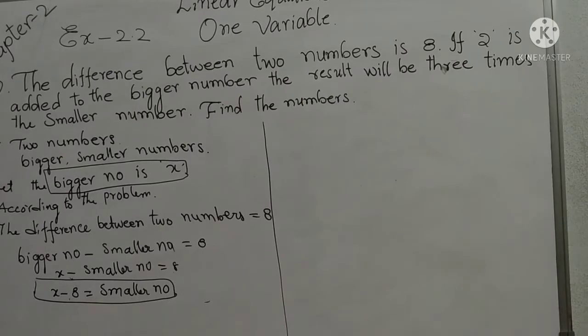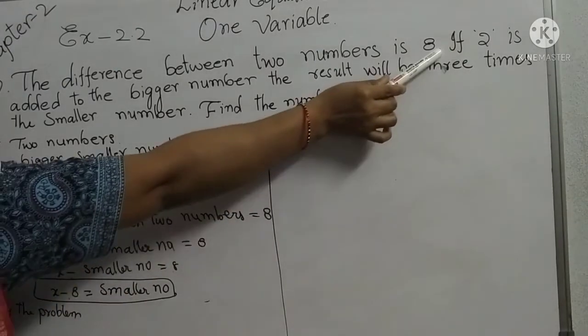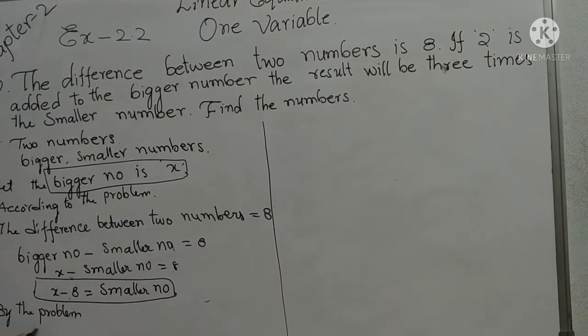So 2 is added to the bigger number: x plus 2. Understand that? x plus 2.